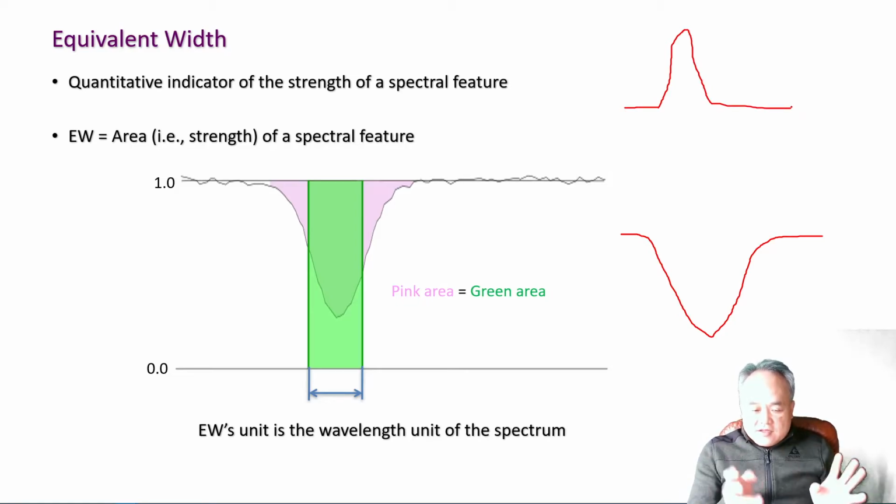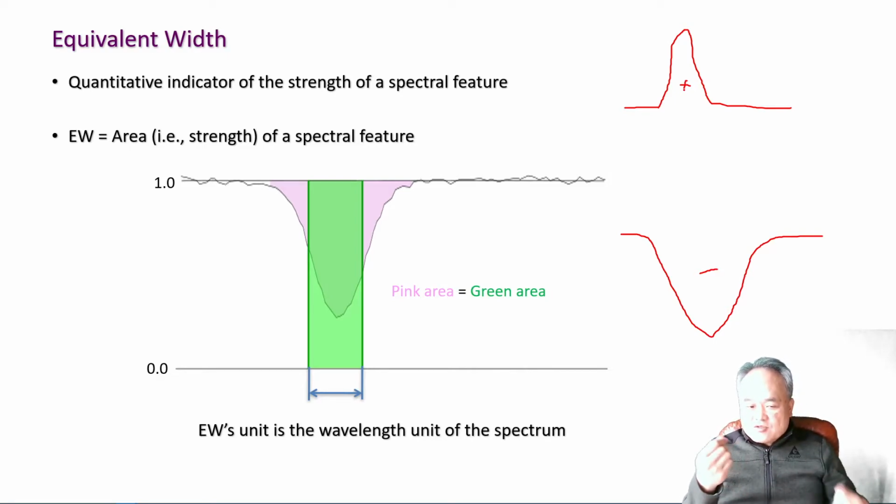There are two different schools of astronomers: some people use negative for the equivalent width of an absorption feature and positive for an emission feature, but some groups reverse the sign.